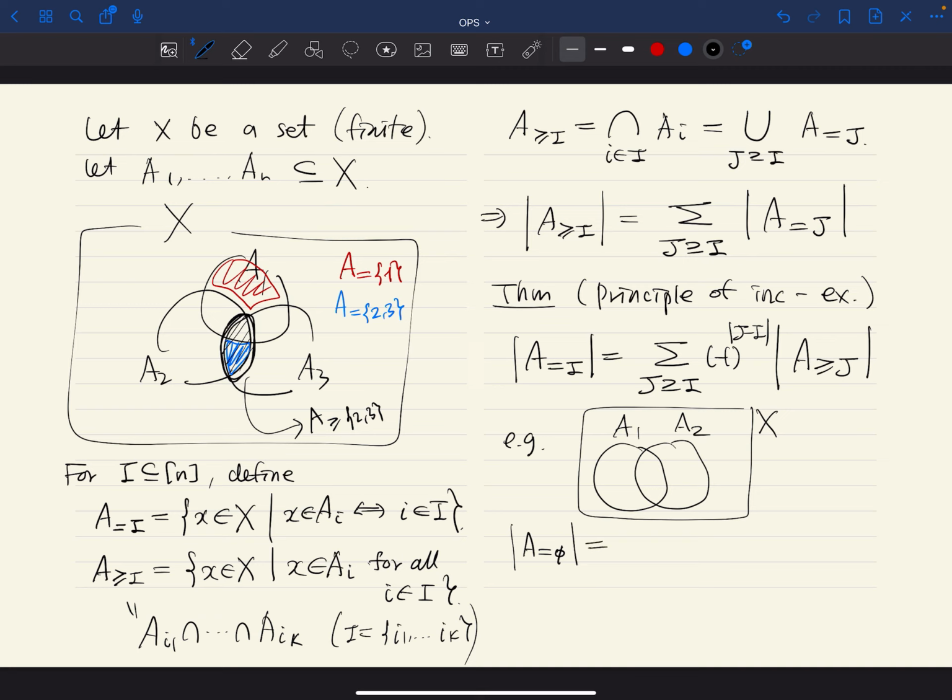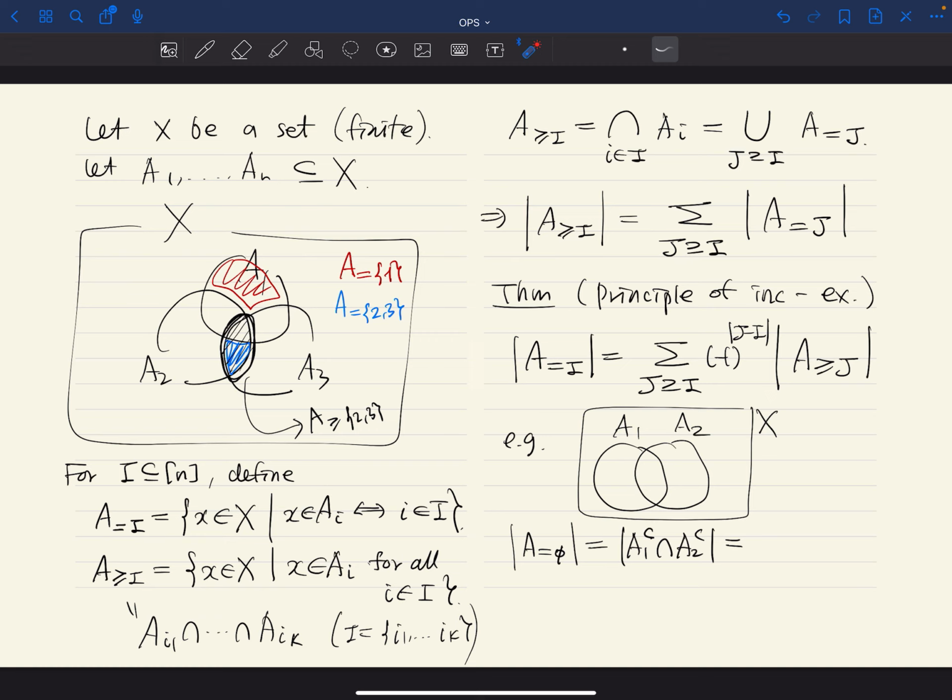This is having no property, so it's outside A1, outside A2, so it's A1 complement intersect A2 complement.